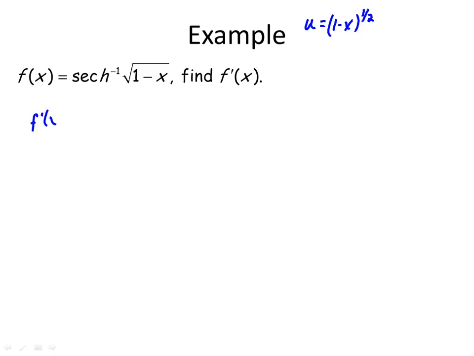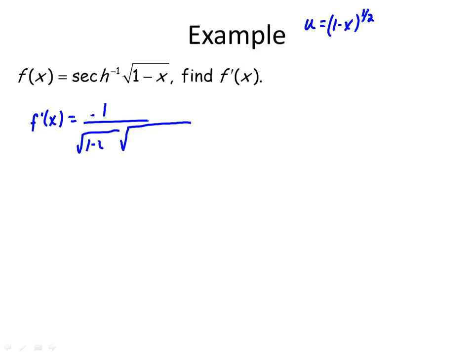F prime of x, the derivative for the inverse hyperbolic secant u, is -1 over u, which is the square root of 1 minus x, times the square root, I guess we could write it. I don't know that it's going to make any difference.